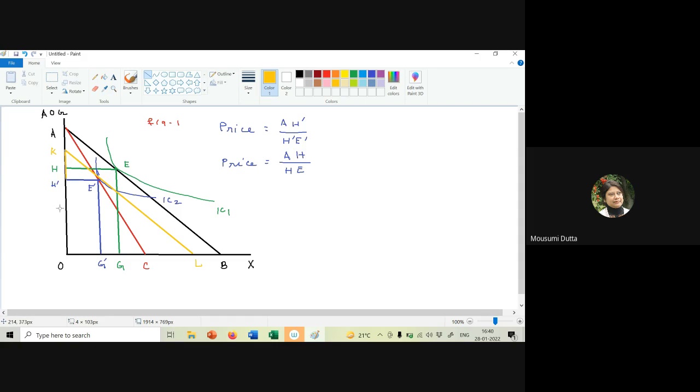So to have OG prime, the amount you are consuming now after the imposition of tax, if you want to consume this amount at the pre-tax position, the expenditure you need to bear is given by KH prime. Now you are spending AH prime. However, at the pre-tax position, you are spending only KH prime.